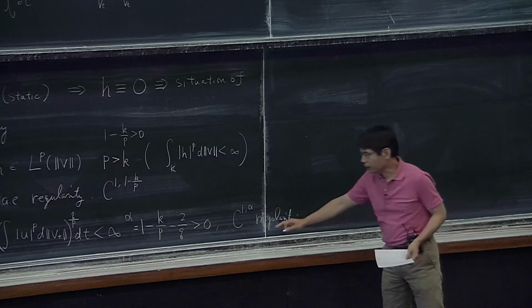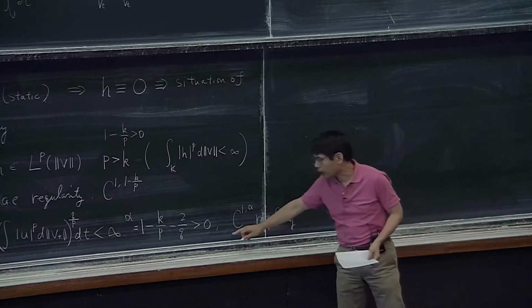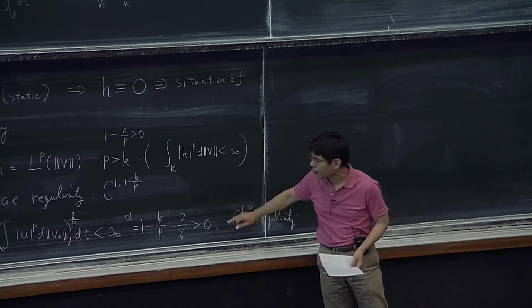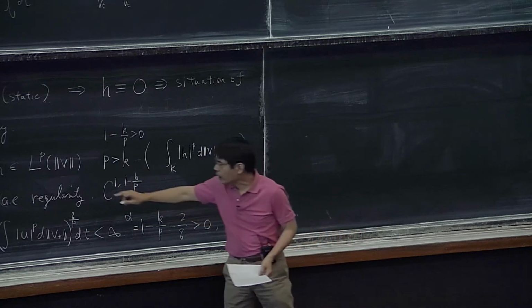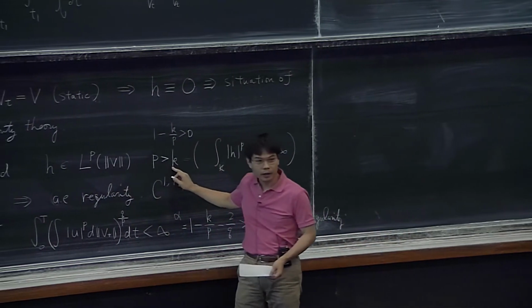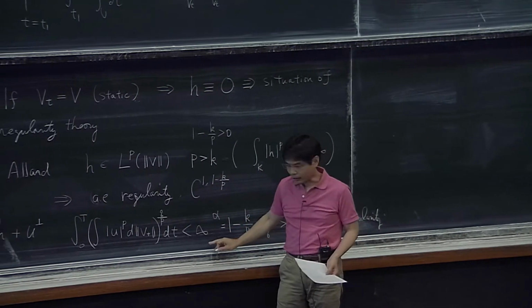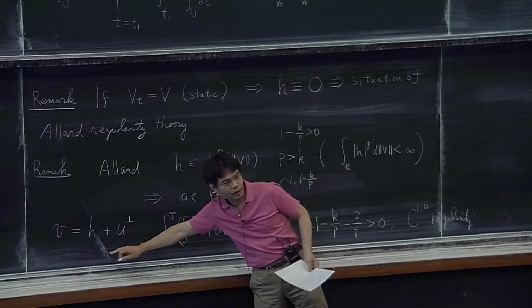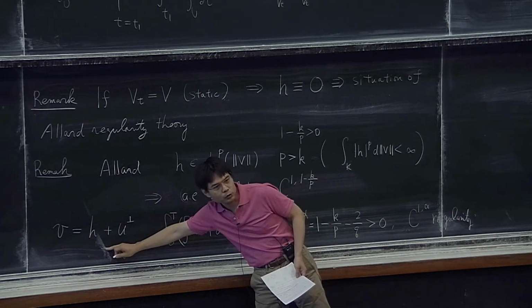And it's actually kind of interesting how this parabolic regularity theory corresponds to the Allard regularity theory. Allard regularity theory assumes that the mean curvature is L^p, p bigger than k. Here it's a bit different. You are not assuming that the mean curvature is in any higher integrability class, but only L^2.